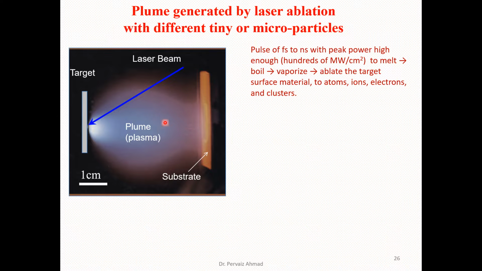So what happens? Pulses are femtosecond to nanosecond with a peak power and high fluence, hundreds of megawatt per centimeter squared. The purpose of this is to melt, then boil, leading to vaporization, and in the end ablate the target surface material into atoms, ions, electrons, and clusters.